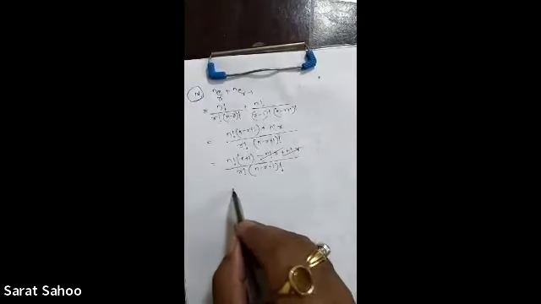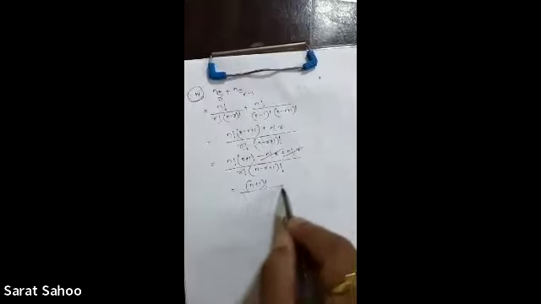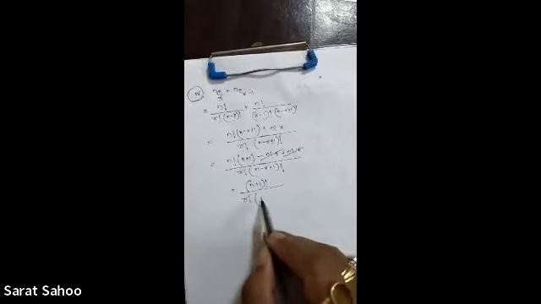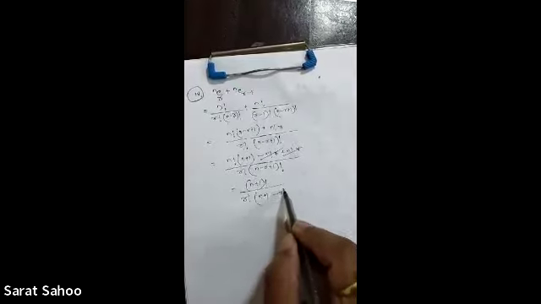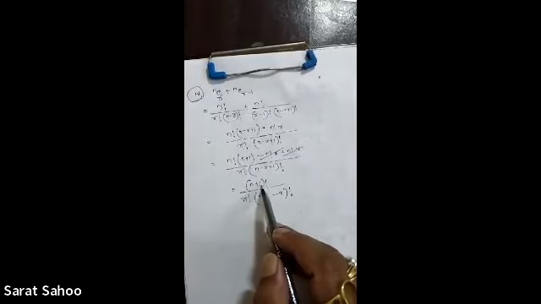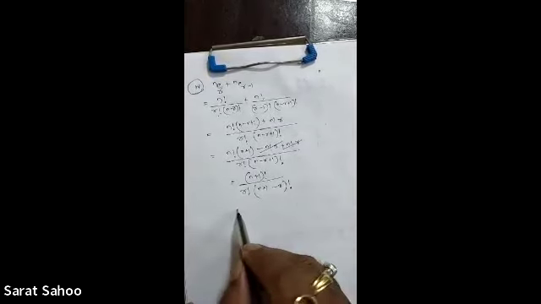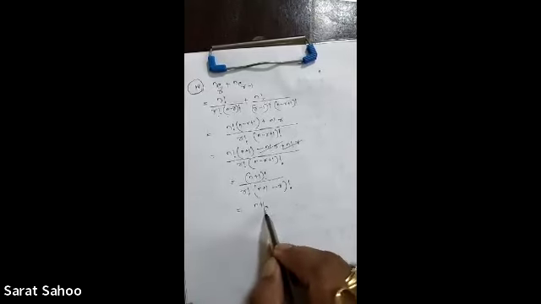This one cancels. n factorial into (n plus 1) is your (n plus 1) factorial, divided by r factorial into (n plus 1 minus r) factorial. If we consider n plus 1 as the capital N, then N factorial by r factorial into (N minus r) factorial is nothing but NCr. This is equal to (n+1)Cr. I hope it is clear to you.